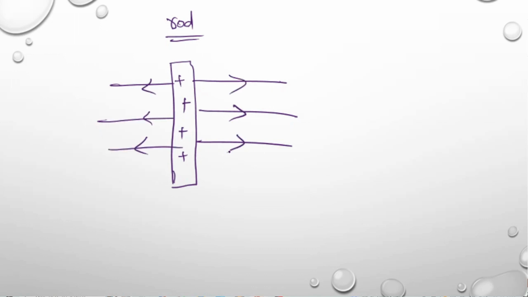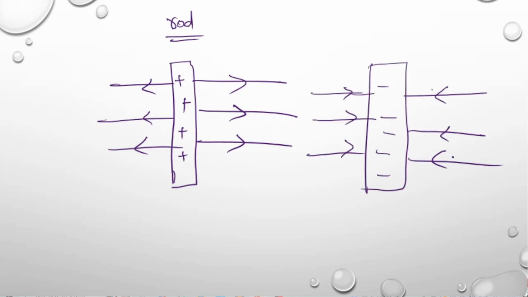If you have a negatively charged rod, then it is going to move radially inwards. Very simple concept. You just have to understand when it moves radially outwards and when it moves radially inwards. Clear with this?